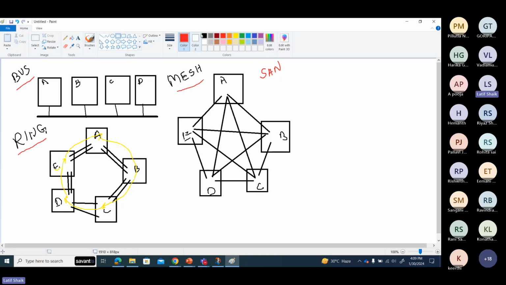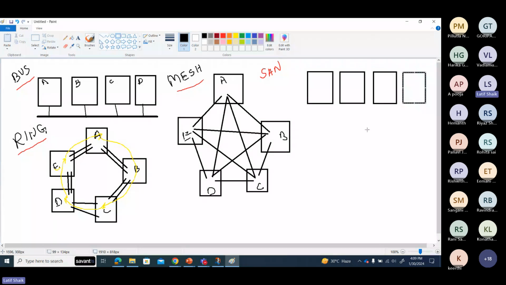Generally, in our organizations or even a home network or office network, we are using the star topology. How does it look? There is a centralized device. Either it can be a hub or it can be a switch, and all devices are connected to this centralized device.